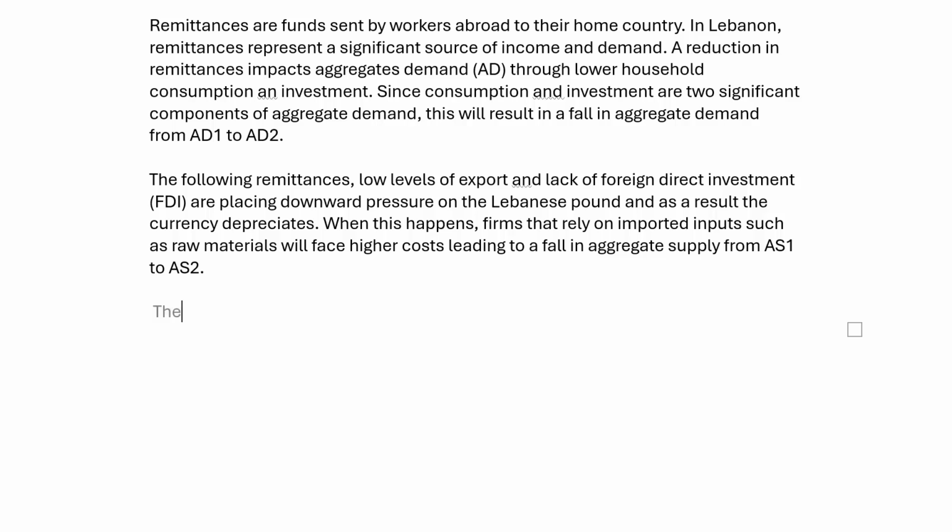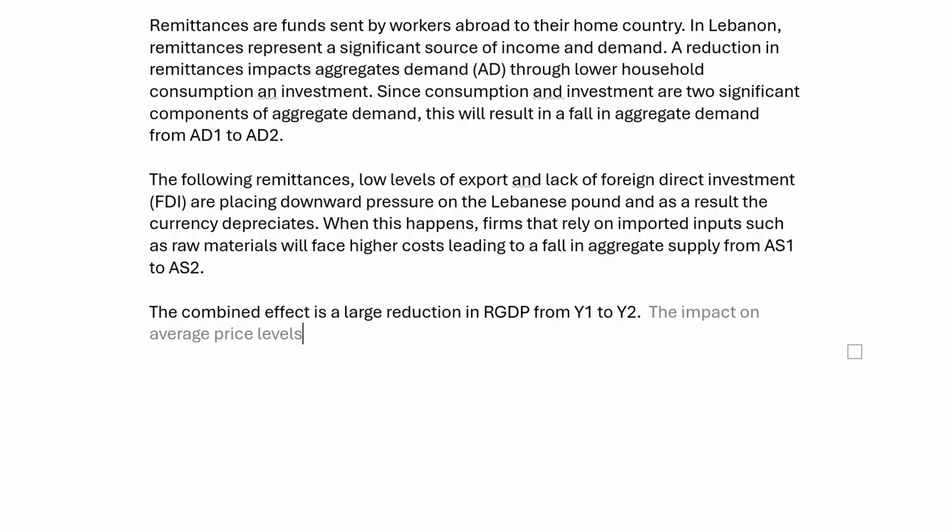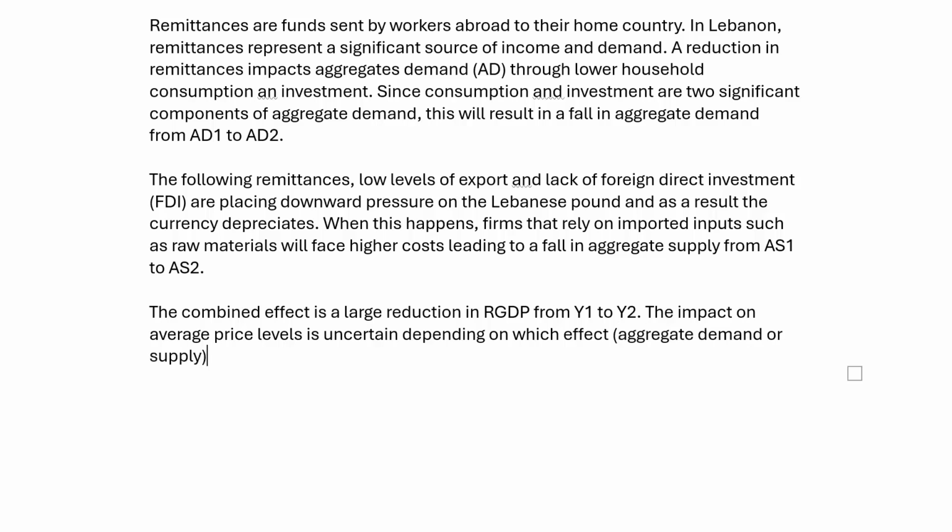The combined effect is a large reduction in our GDP from Y1 to Y2. The impact on average price levels is uncertain, depending on which effect, aggregate demand or supply, dominates.